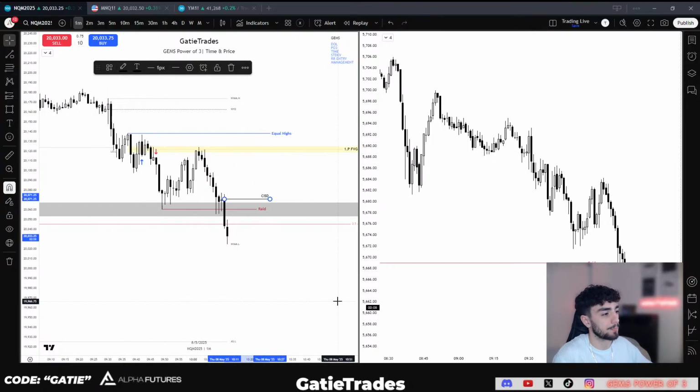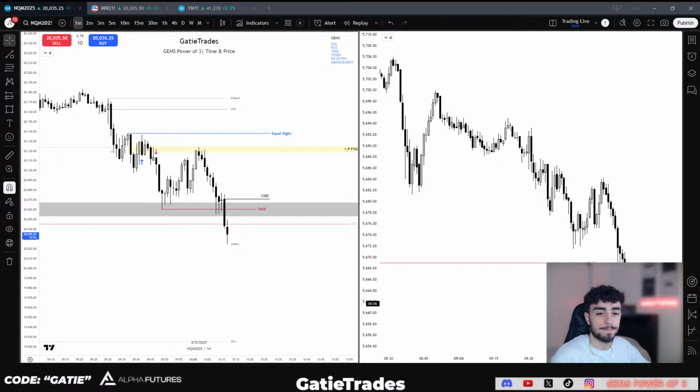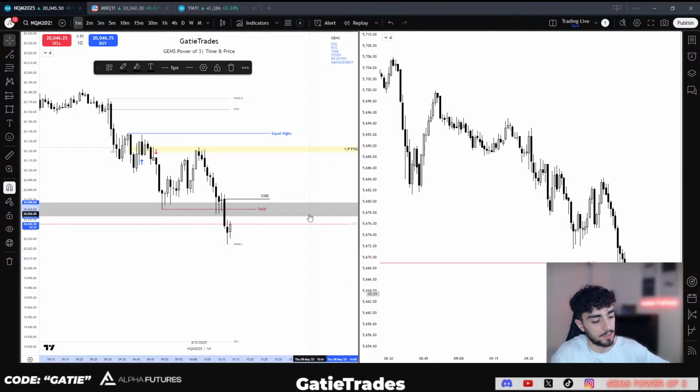This would be your CISD. I don't just chase longs the entire day, but I am still bullish. Just have to wait and see, I guess. We got 50% of the daily wick.